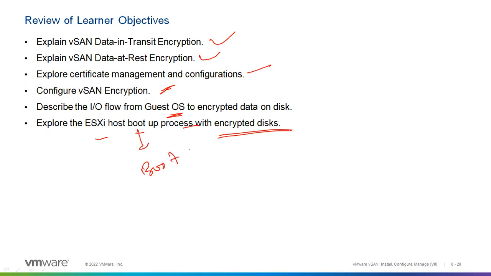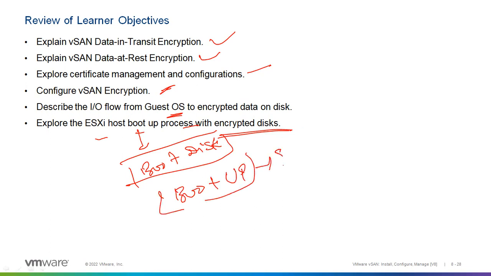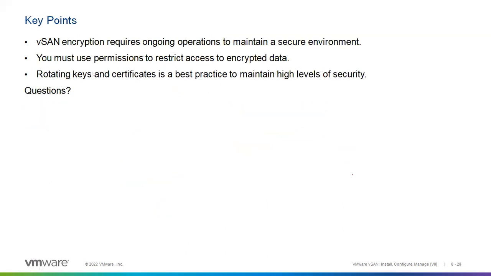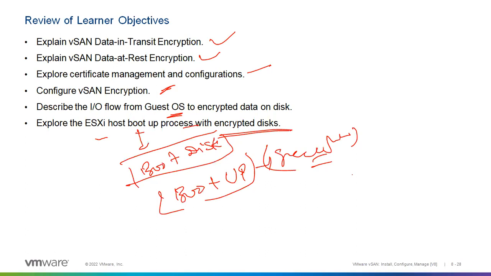Keep in mind, there is no encryption on the boot disk, because by nature the boot up process itself is pretty much secure within ESXi. They use a number of technologies that keep ESXi pretty much secure. But especially for TPM, if we want to utilize TPM for the boot up process also, we can enable that.